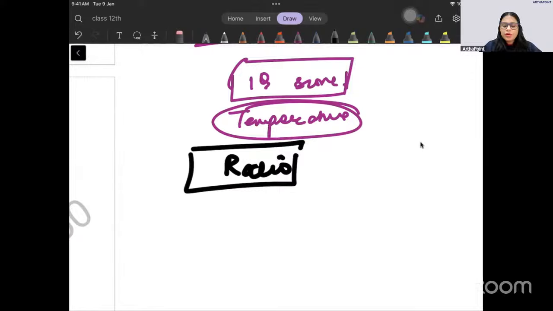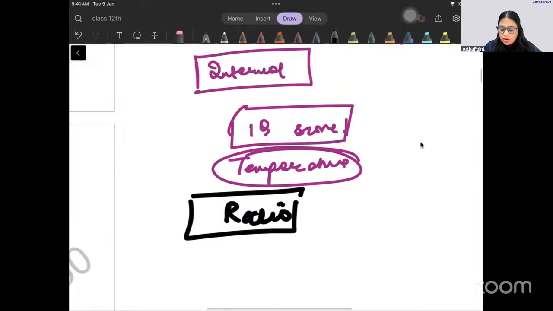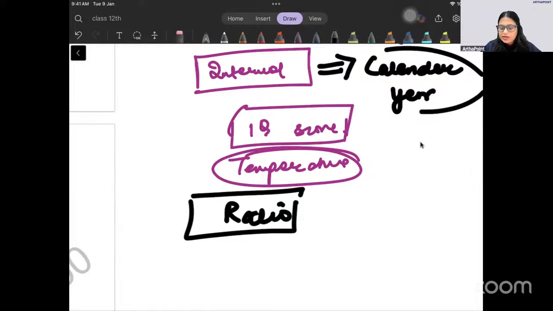I'll give you another example to understand this. When I talk about the interval scale, a calendar year is an interval scale. Okay? So I can tell you how many years of gap there are from 2025 to 2027, right? I can measure in terms of days also.